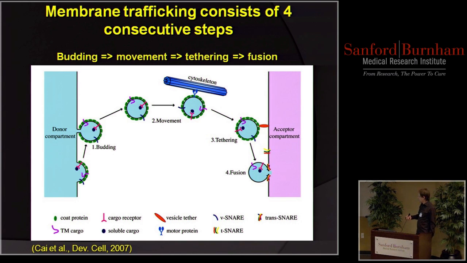These tethering factors will bring the membrane of the transport vesicle into close contact with the membrane of the acceptor compartment, and this will lead to the fusion of the membranes and the release of the cargo of the transport vesicle into the lumen of the acceptor compartment. And this process is controlled by so-called SNARE proteins, which are present both on the membrane of the transport vesicle and on the membrane of the acceptor compartment.